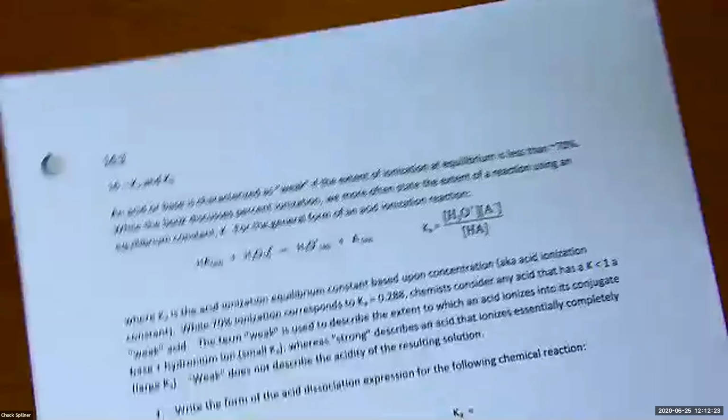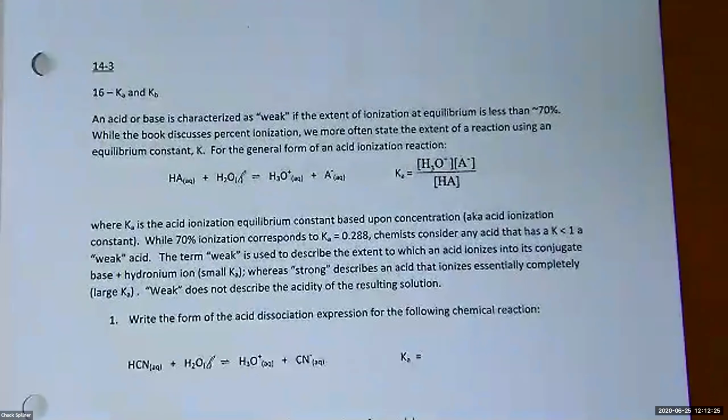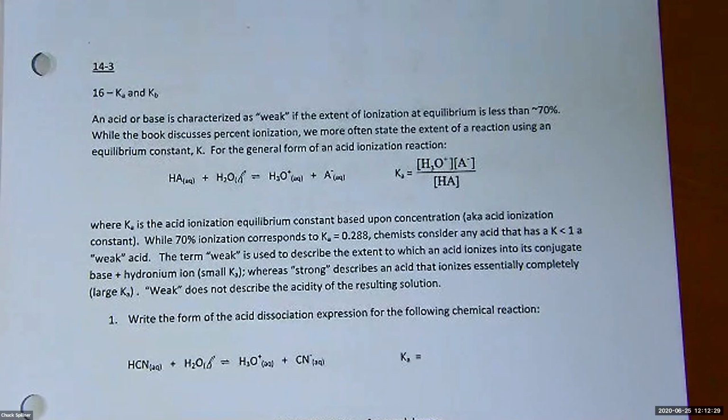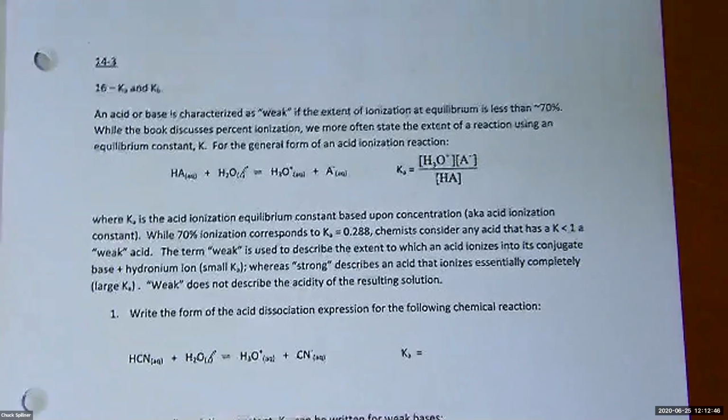We're going to look at worksheets 16 and 17. Worksheet 16 is about deriving the equilibrium expressions for weak acids and weak bases, and also the acid and the conjugate base.